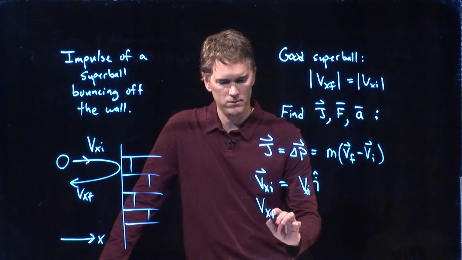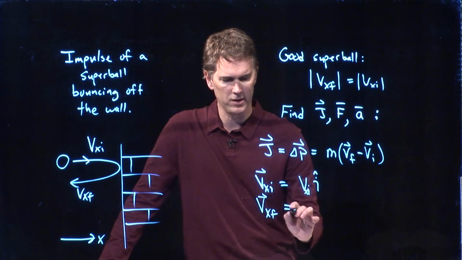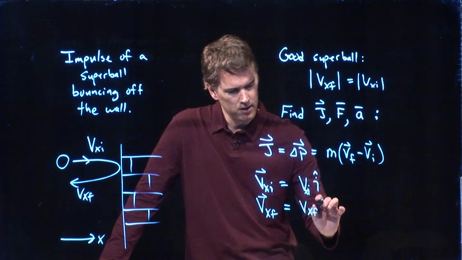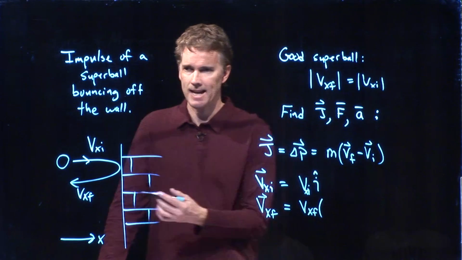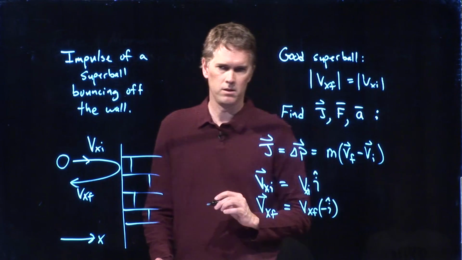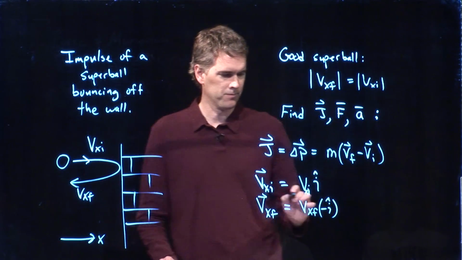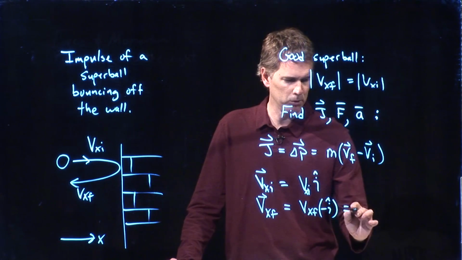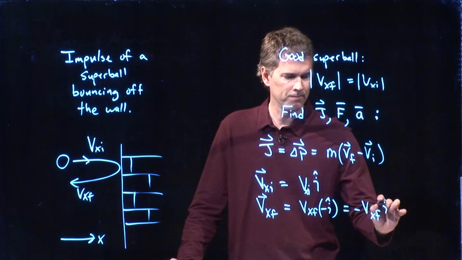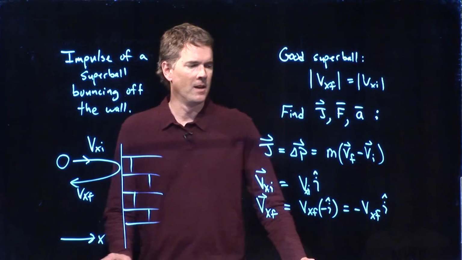Vx final, which is a vector, a velocity, is the speed Vx final, but it's in the negative x direction. So it is minus i hat. That minus sign I can move out in front, and so we get minus Vxf i hat.